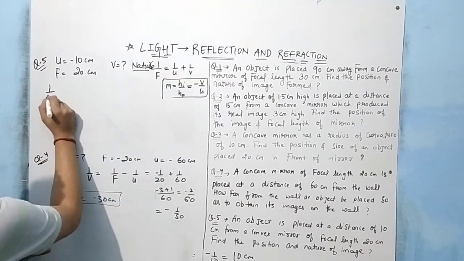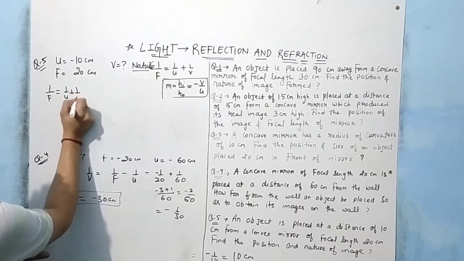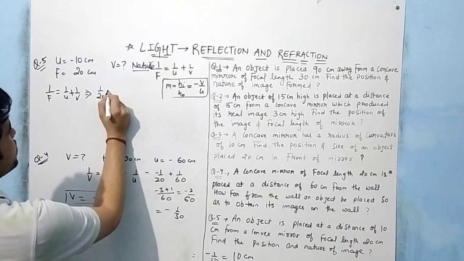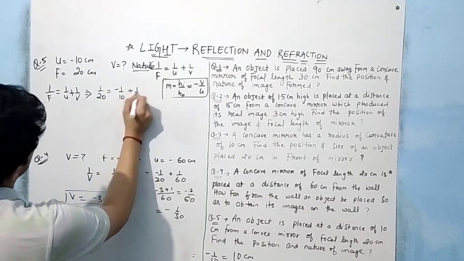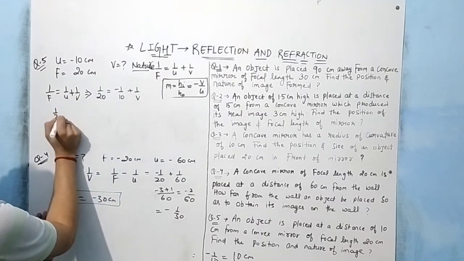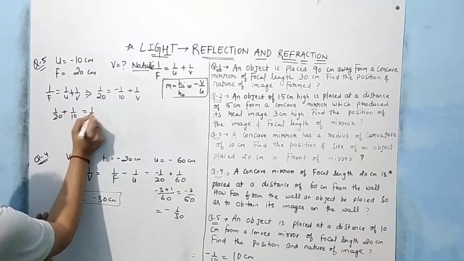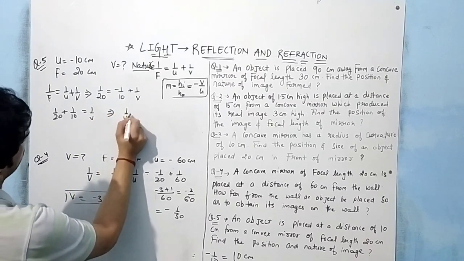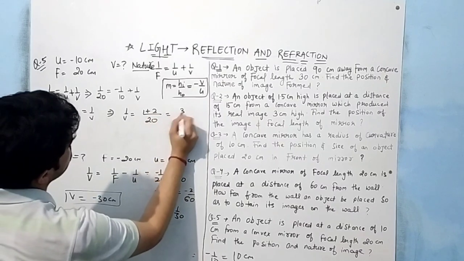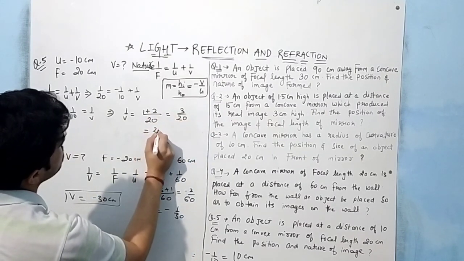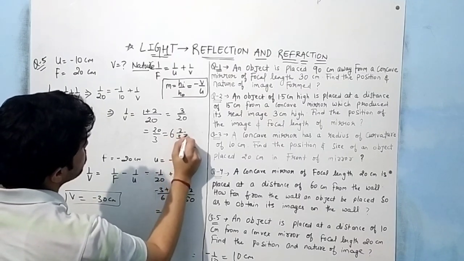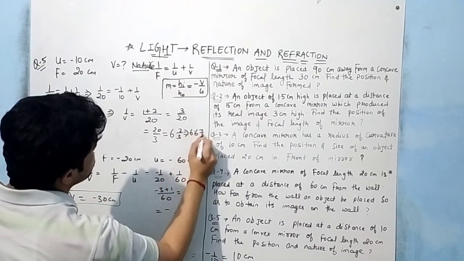So 1 over F is equal to 1 over U plus 1 over V is the formula, as you all know. So 1 over F is 1 over 20, which equals minus 1 over 10 plus 1 over V. By taking this to the opposite side, 1 over 20 plus 1 over 10 will give you 1 over V. With 20 as the LCM, that is 1 plus 2, which gives you 3 over 20, and if you invert this, it is 20 over 3, that is 6 whole 2 over 3, or you can write it as 6.67 centimeter.